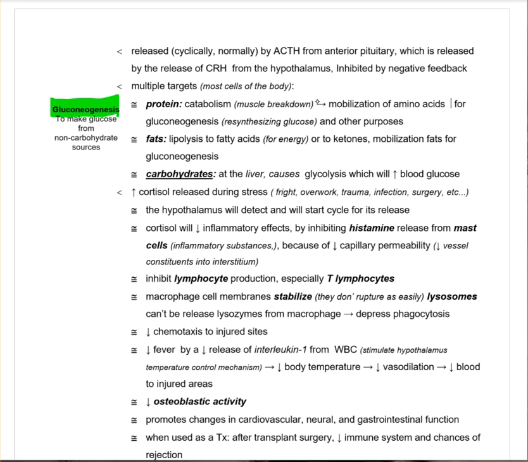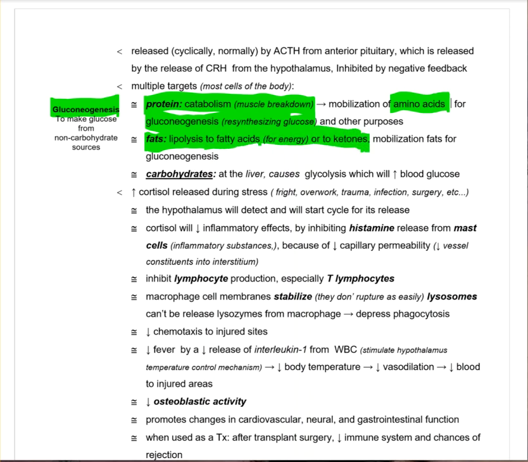If we needed to, in a stressful situation, we can do catabolism of our proteins, like in our muscles, and we can turn those into amino acids, and then those amino acids can be made into new glucose. We can also take fats and do lipolysis, break apart fat, and turn those into fatty acids or ketones. We'll talk about ketones a little later.